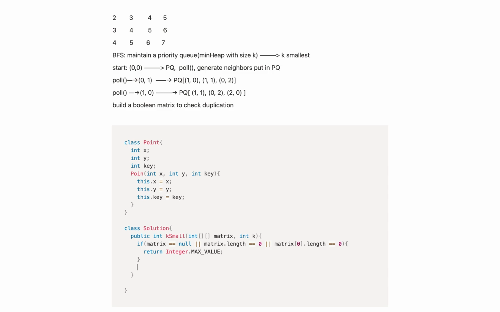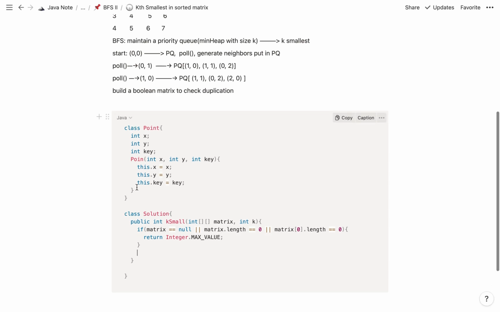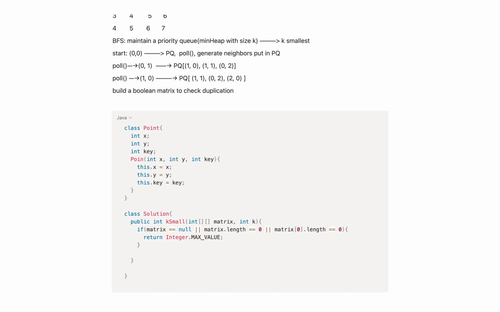Okay, so now we need to build the priority queue. Oh, sorry. We want to build the Boolean matrix first. We call it visited.